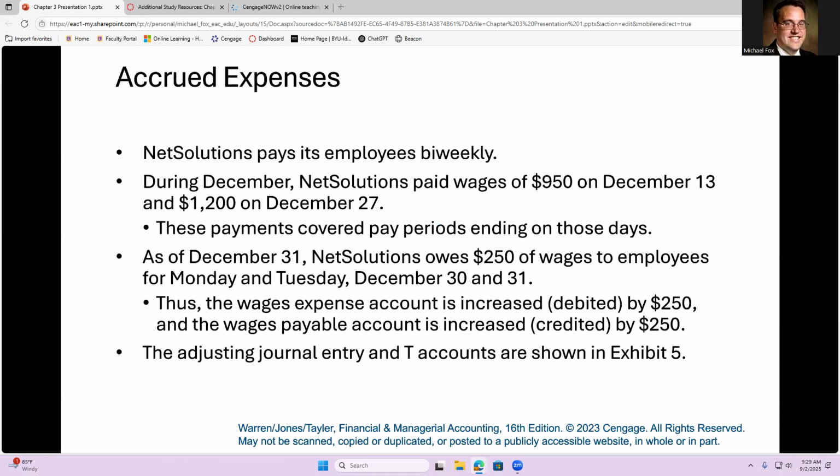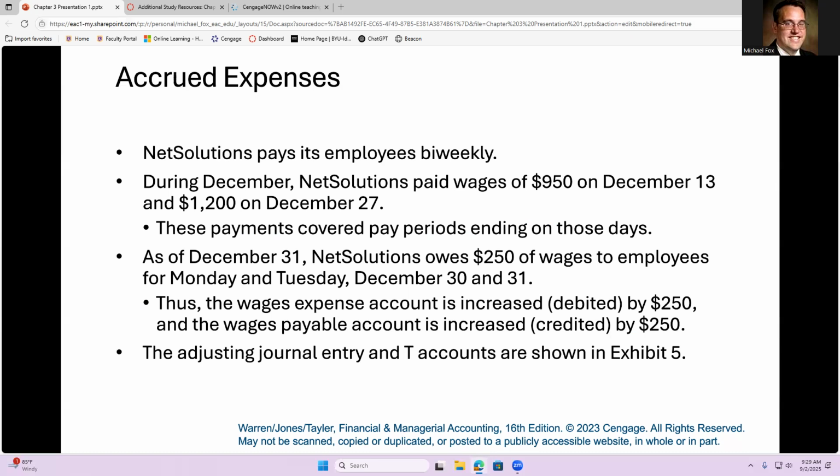They have to record that their employees have earned this much money up to the end of the month as a wage expense, and a liability called wages payable. Then when they get to the next payday, they record that they've paid off that liability by paying the employees, plus they record the days in the beginning of the next month. They have to put their wages in the correct months, right? They have to record the fact that they have incurred that cost, even though they haven't paid it and won't pay it until the next payday. So that's a very common accrued expense that we'll see as we do this.